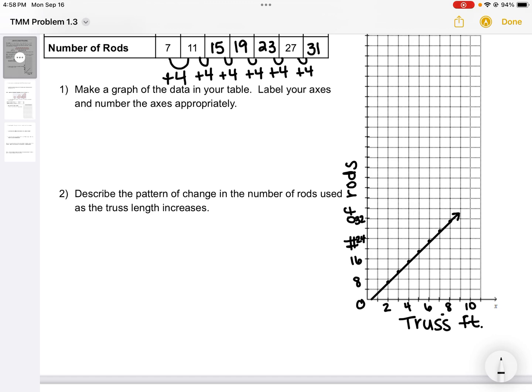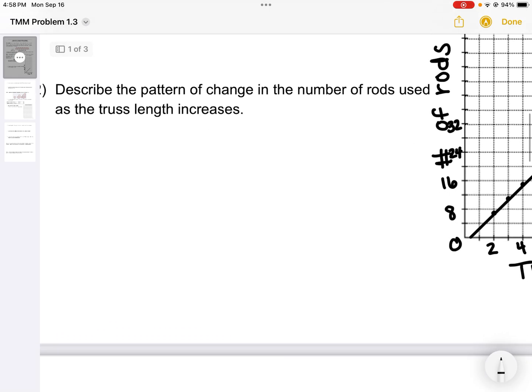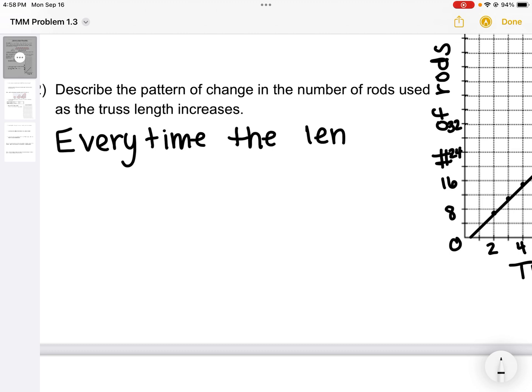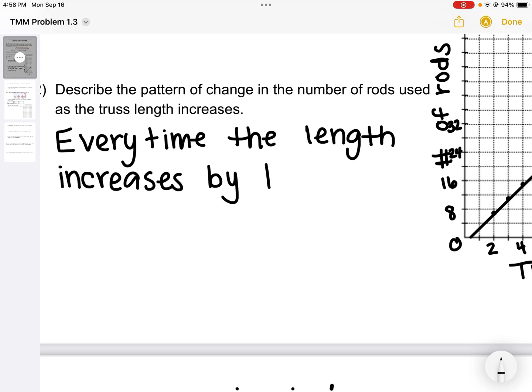So every time the length increases by 1, the number of rods will increase by 4.